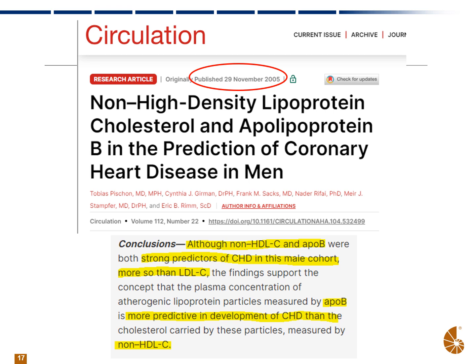The conclusion of this article was, although non-HDL cholesterol and ApoB were both strong predictors of CHD in this male cohort, more so than LDL, the findings support the concept that the plasma concentration of atherogenic, or bad, lipoprotein particles measured by ApoB is more predictive in the development of coronary heart disease than cholesterol carried by these particles measured by non-HDL cholesterol.